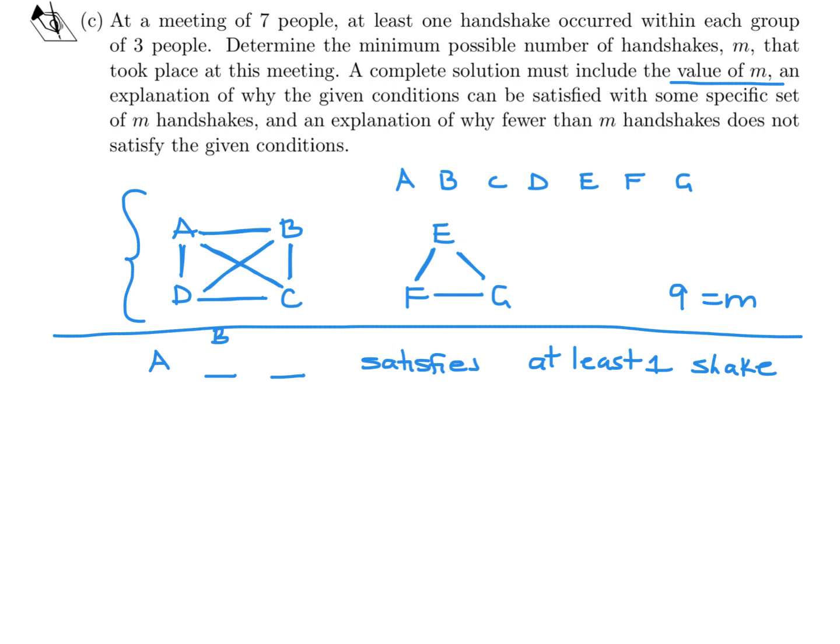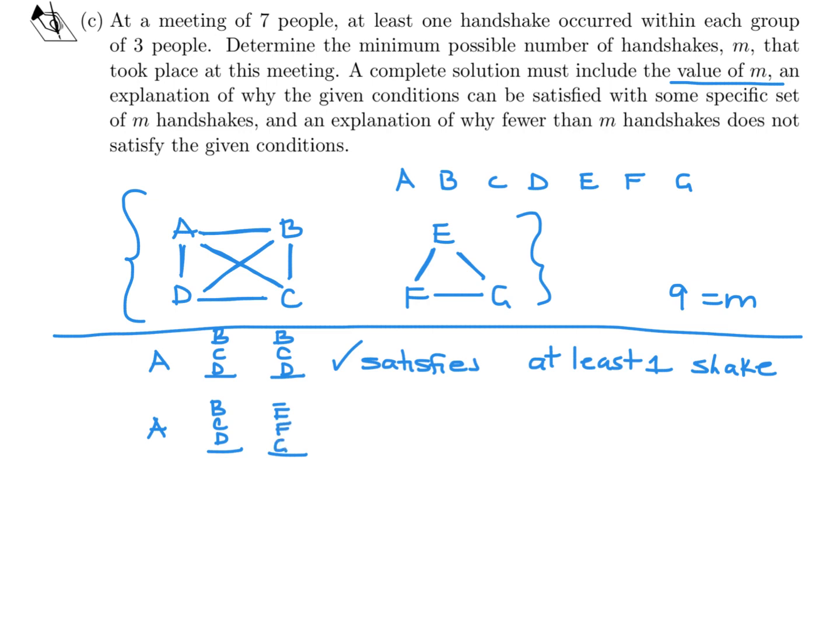There's always going to be at least one handshake between any 3 of that group of 4. So what we need to do is show what happens if you have any combination with the second guy you chose as B, C, or D, and the third guy you chose was B, C, or D, this condition is satisfied. Now let's say the second guy you chose is anything from B, C, and D, but the third guy you chose is from this group, E, F, or G. Will that work?